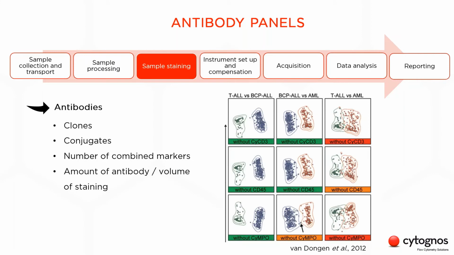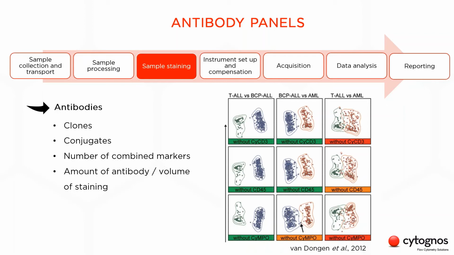Likewise, for selecting the markers, they looked at the antibody clones, the conjugates, the number of combined markers in a single tube, and the amount of antibody and volume of staining. They tested the performance of the marker combination together using software tools, and that's what we can see in these diagrams.